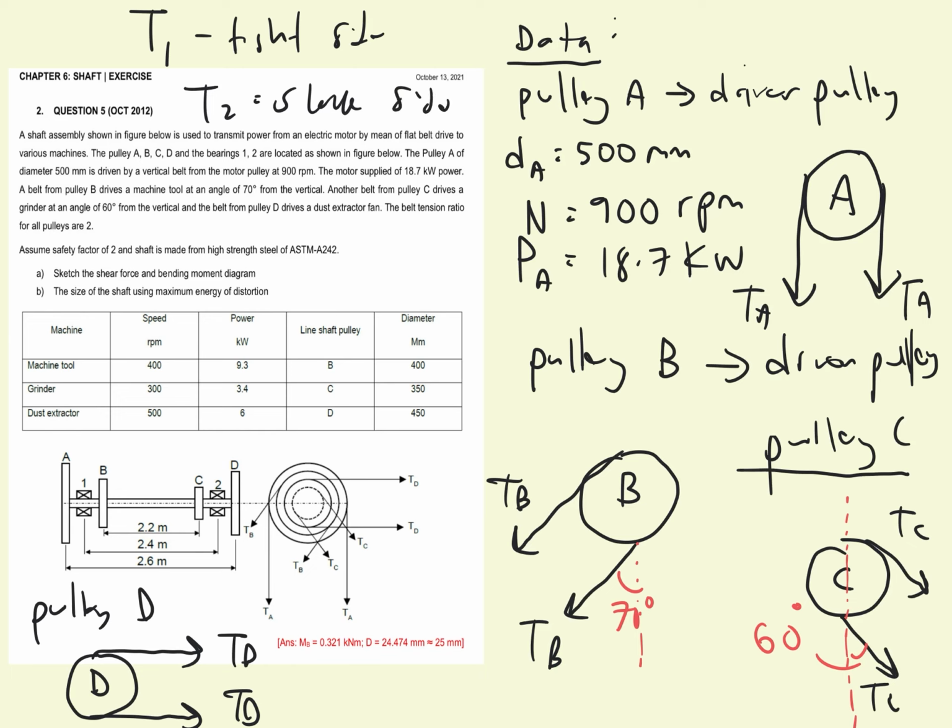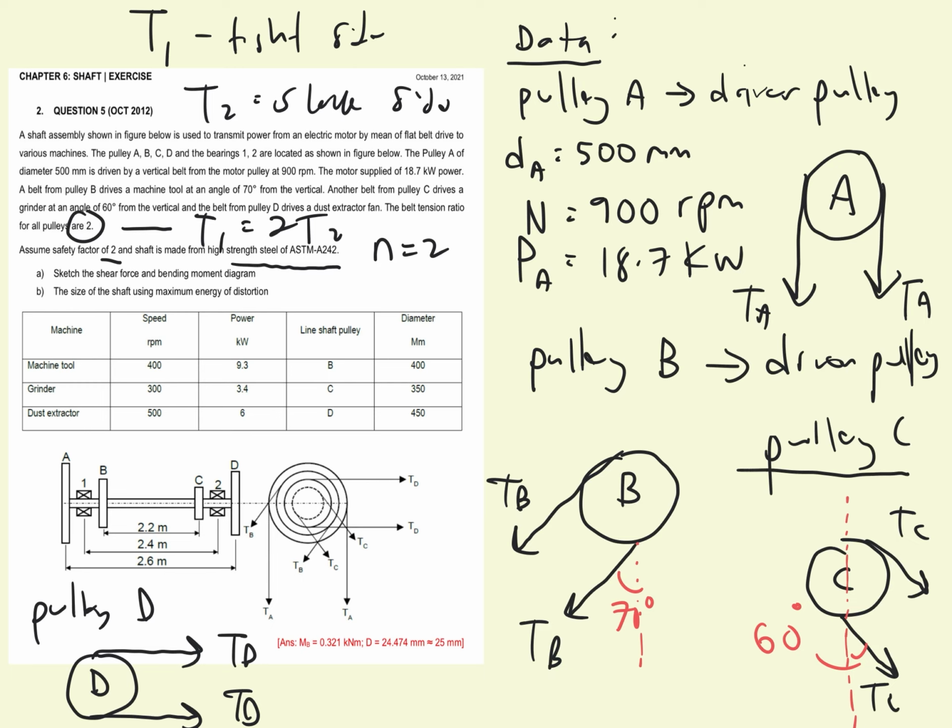So the belt tension ratio means that the tight side is equal to 2 T2, the tension on the slack side. And then we assume that the factor of safety for the shaft is equal to 2, and it is made from the material ASTM A242.